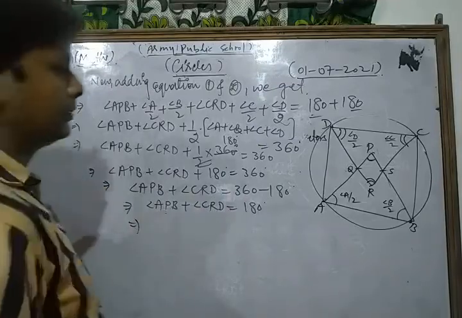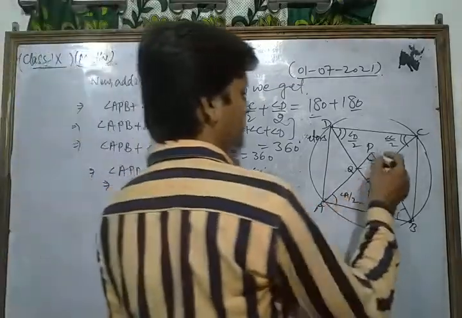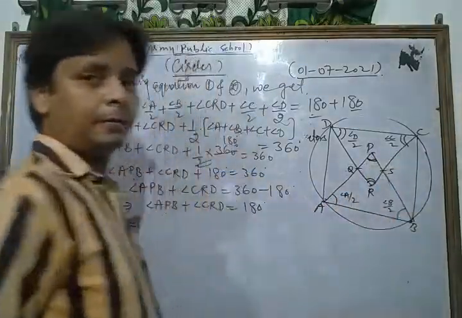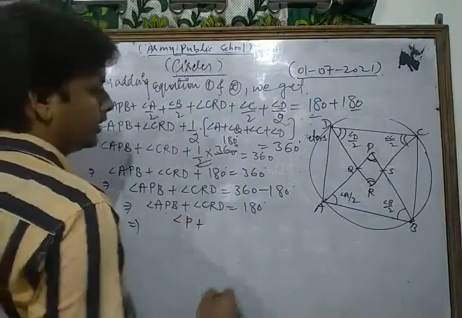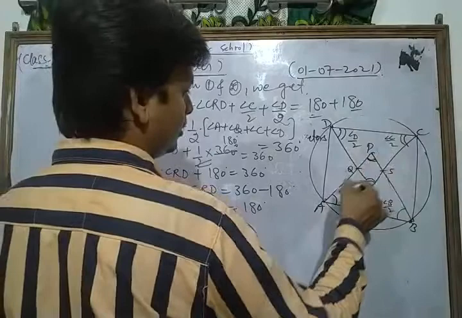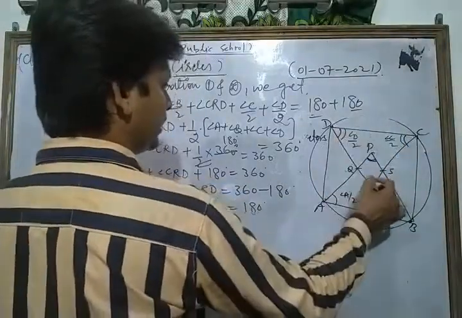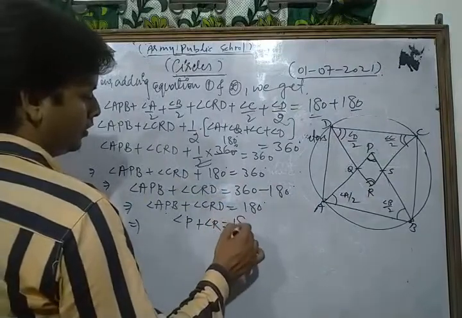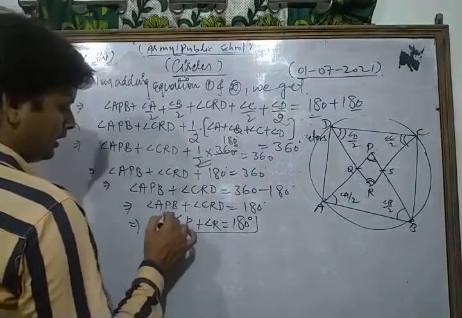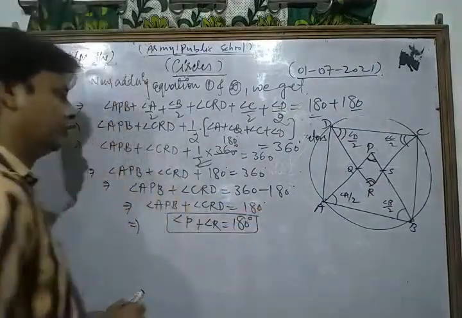Dear student, angle APB is angle P, and angle CRD means angle R. So angle P plus angle R is 180 degree.